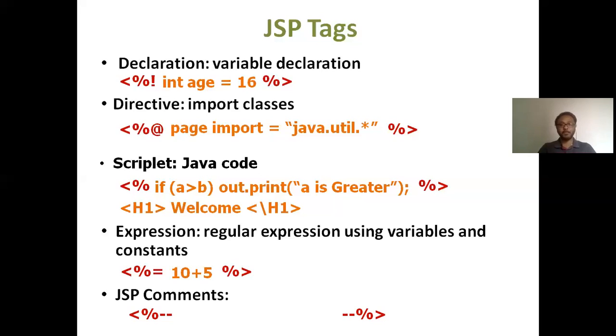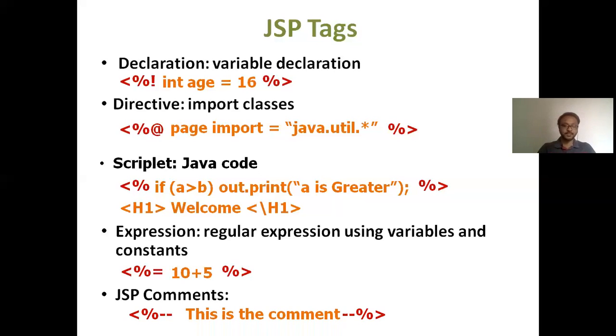Percent symbol followed by two hyphen symbols. The closing is similar: two hyphen symbols followed by a percent symbol. If I mention any line or statement between this JSP tag, I can consider that a JSP comment. Obviously, this will not be compiled by your JSP compiler, or converted into your .class file. So this is an example.